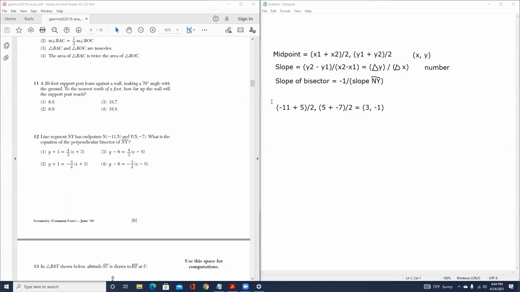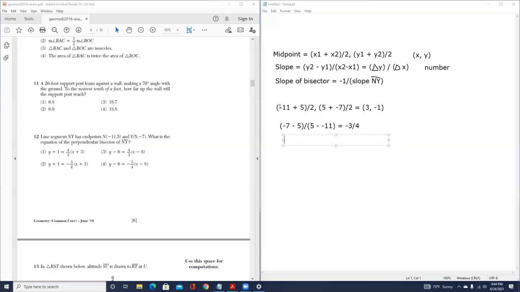Now let's repeat this with the slope: y2 minus y1 over x2 minus x1. So -7 minus 5 divided by 5 minus -11. That's equivalent to adding 11. And you will get that this slope is equal to -3/4.